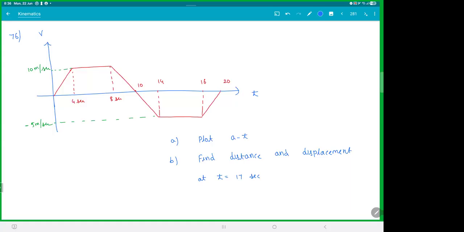Let's get these two. I can ask you total distance, total displacement, so then you'll find the full area. This is a VT graph. The slope gives you acceleration, the area gives you the displacement. If you take the magnitude, then it becomes distance.